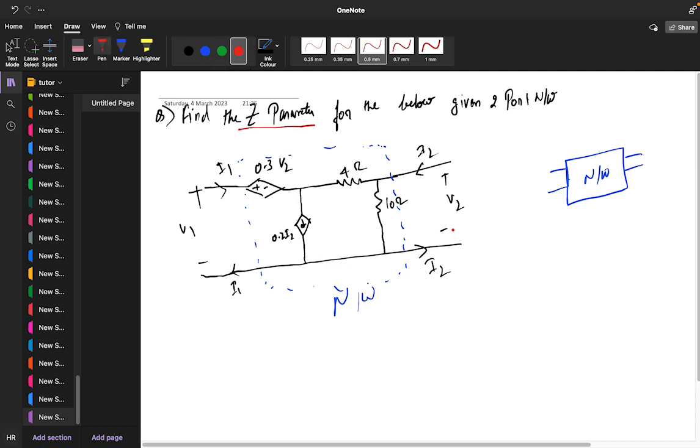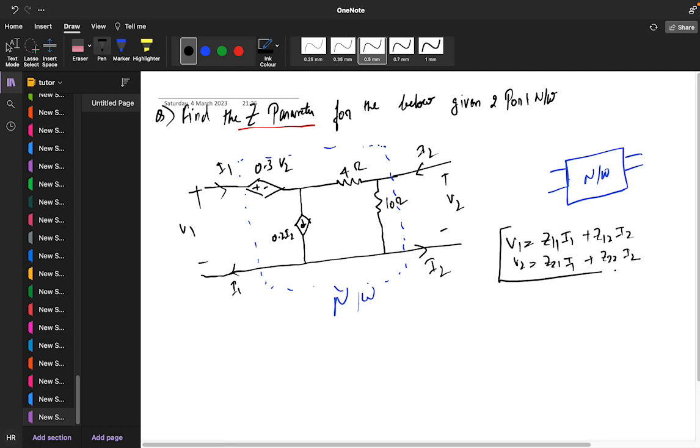So can anyone tell me the general equation of the Z parameter? Okay, so V1 is equal to Z11 I1 plus Z12 I2, and V2 is equal to Z21 I1 plus Z22 I2.